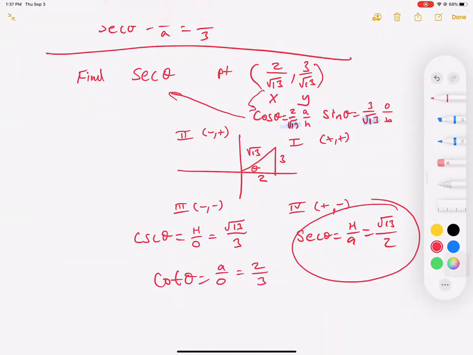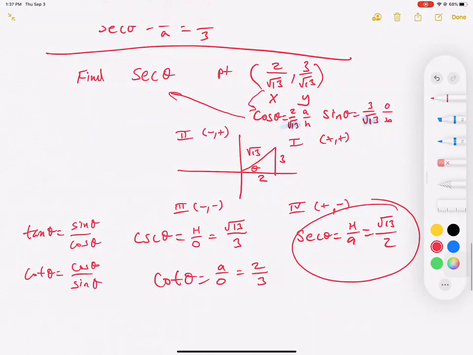One of the identities that we'll be learning later is that tangent of theta is sine of theta over cosine of theta, and cotangent of theta is cosine theta over sine of theta. Just the reciprocal. This is what we call a quotient identity. It's just the division.